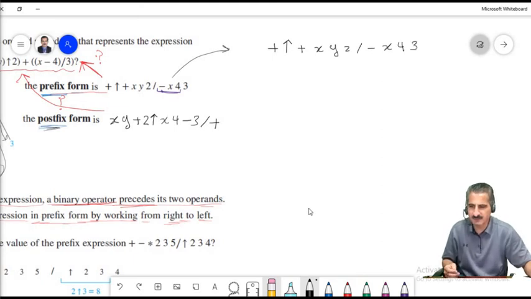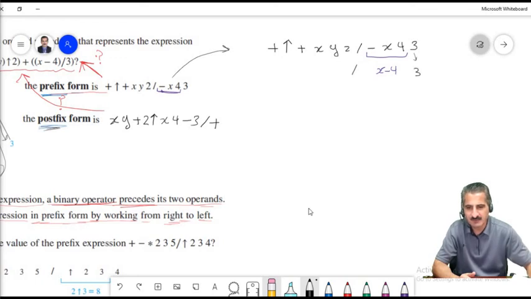So what I said here, we have an operation in here, this minus, and then what comes after it is x and 4. So we will have x minus 4. And we will keep 3 here waiting, and we get everything down in order, and then we will keep going to see what happens.